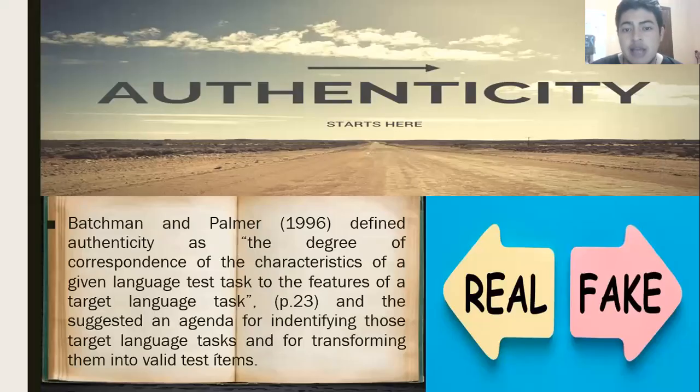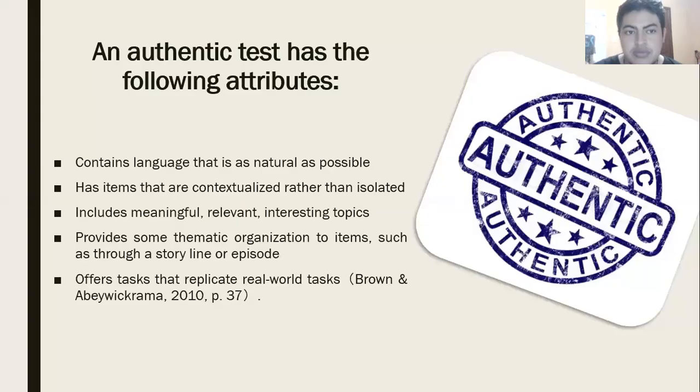The next is authenticity. Bachman and Palmer define authenticity as the degree of correspondence of the characteristics of a given language test task to the features of a target language task. They suggested an agenda for identifying those target language tasks and for transforming them into valid test items.